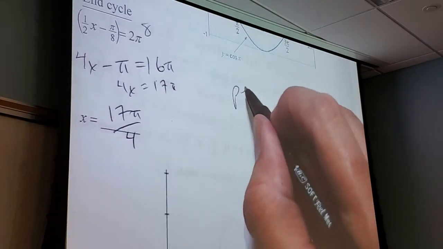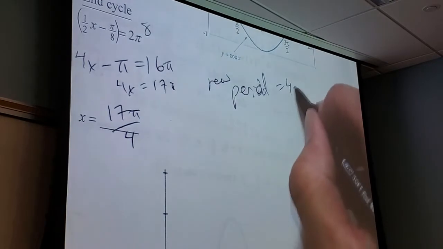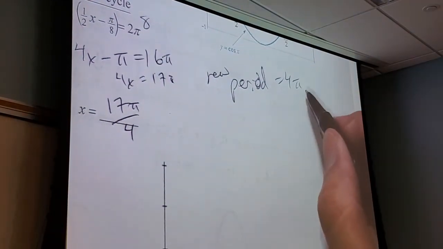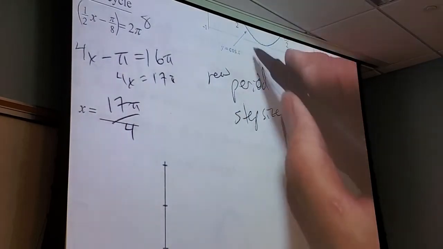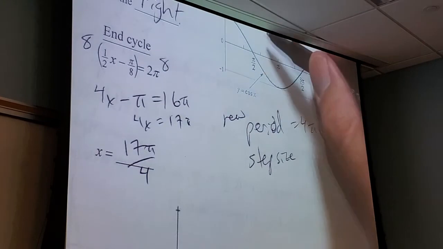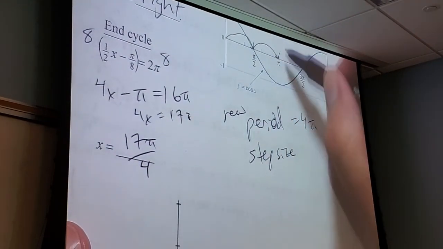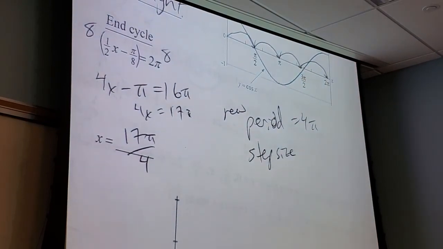My period now, let me put new period, is 4 pi, correct? Which means my step size, oh. How big is my step size for the normal thing? Isn't it pi over 2? There's pi over 2, another pi over 2, another pi over 2, another pi over 2. Do you guys understand what I mean by how big each step is?